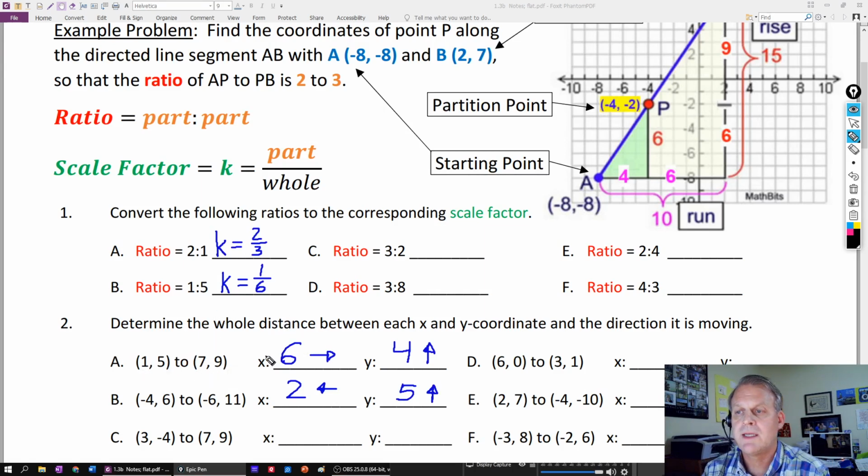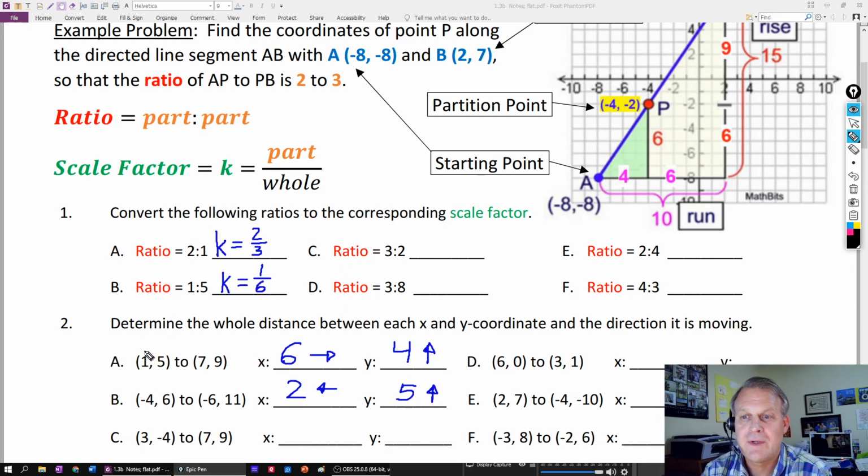Let's break this up into the x component and the y component, because when we actually do this formula, we're going to focus on the x and ignore the y and get the x coordinate for the partition point. Then we're going to focus on the y coordinate and figure out what the y coordinate of the partition point is. Then we're going to combine the x coordinate and the y coordinate together.